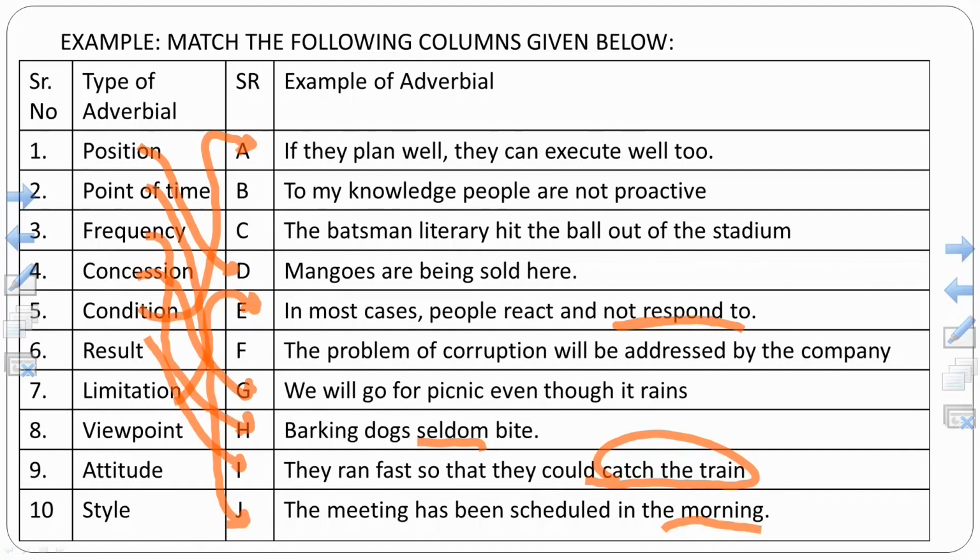In viewpoint, now only 3 are left. So for that we have B. To my knowledge, as I told you, my knowledge, people are not proactive.